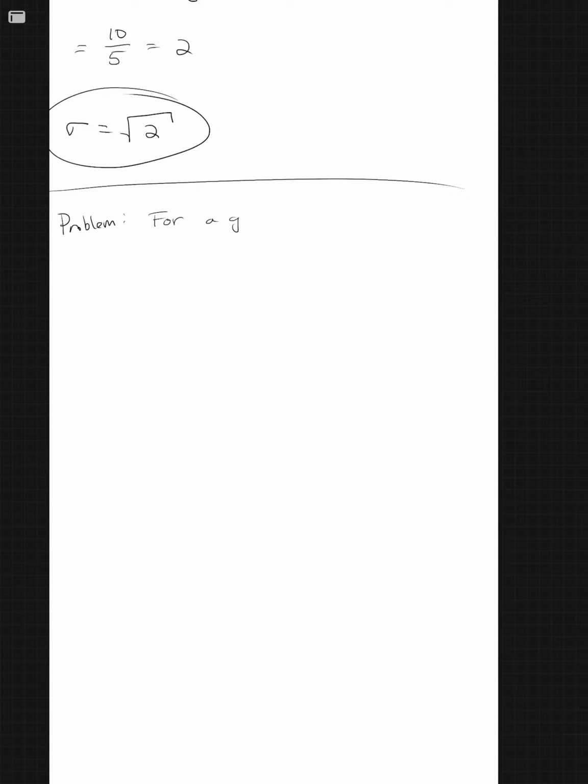So for a given data set, we have mu equals 1000 and sigma equals 75.